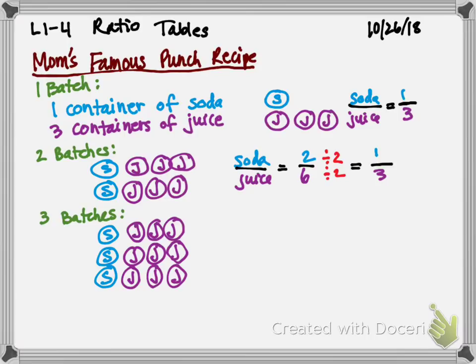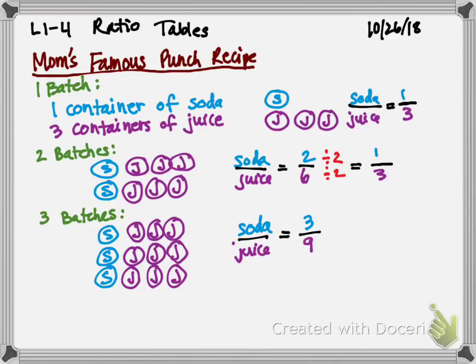Just saying. Okay? So then when we look at soda to juice ratio, we have 3 bottles of soda, and we have 3, 6, 9 bottles of juice.